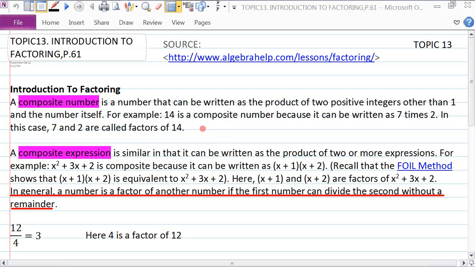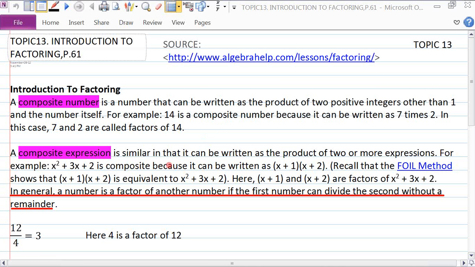We take 16, for example. 16 is a composite number because it can be written as the product of 8 times 2, or the product of 4 times 4. So some of the factors of 16 are 2, 4, and 8.